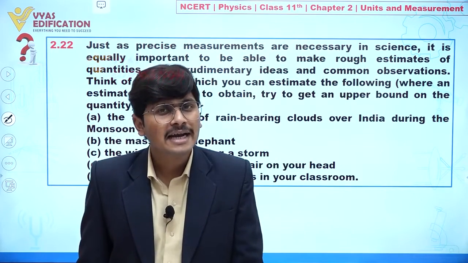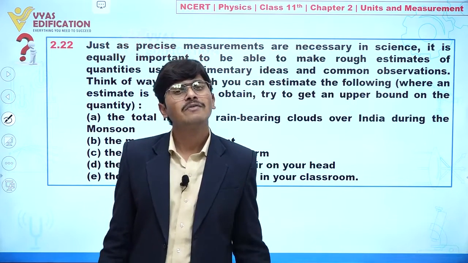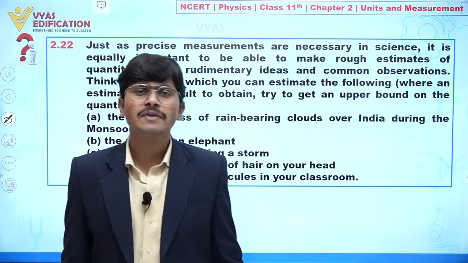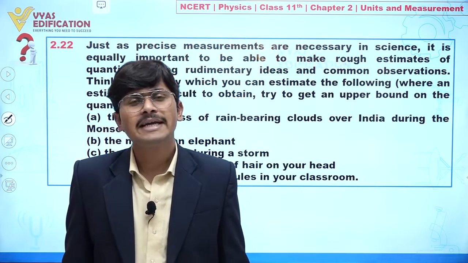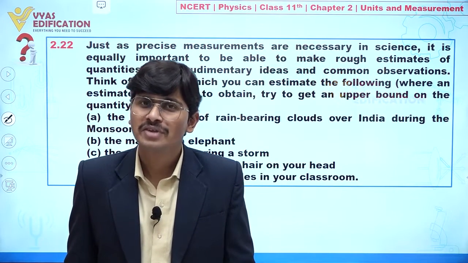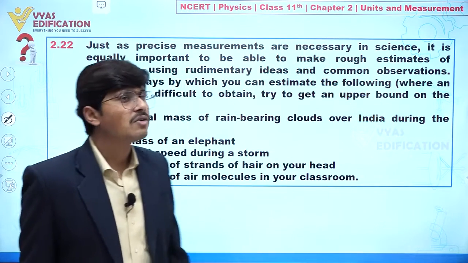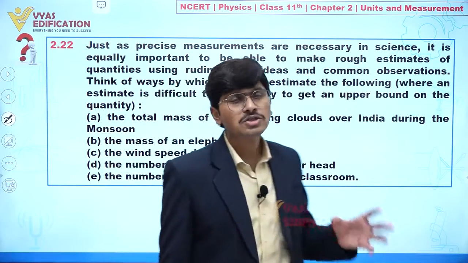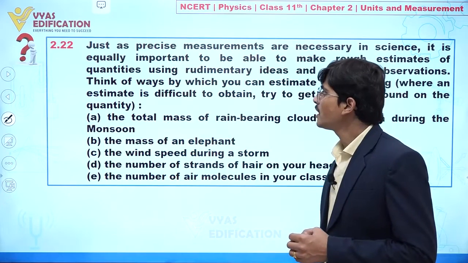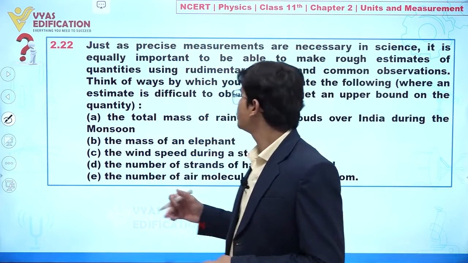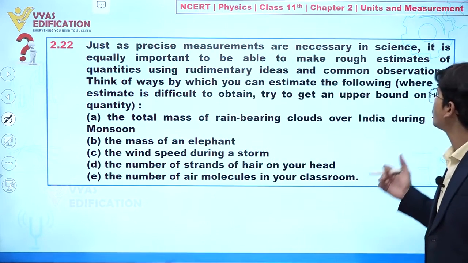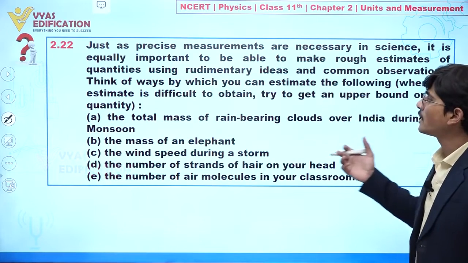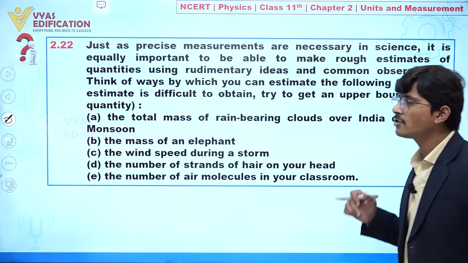At that time we have to find a rough estimation by taking some observations from the surroundings. This question is based on that idea. Now we have to think of how we can estimate the following quantities that are very difficult to obtain.